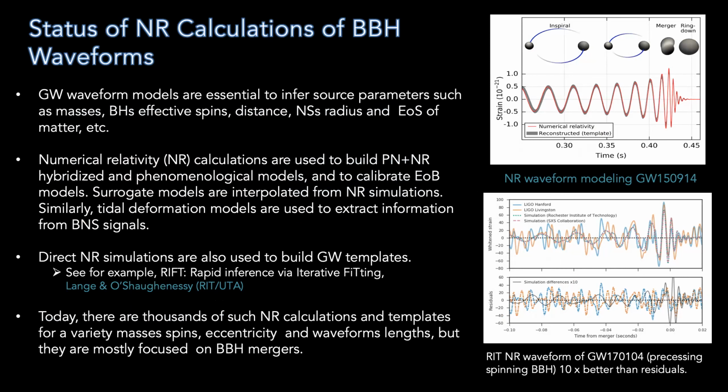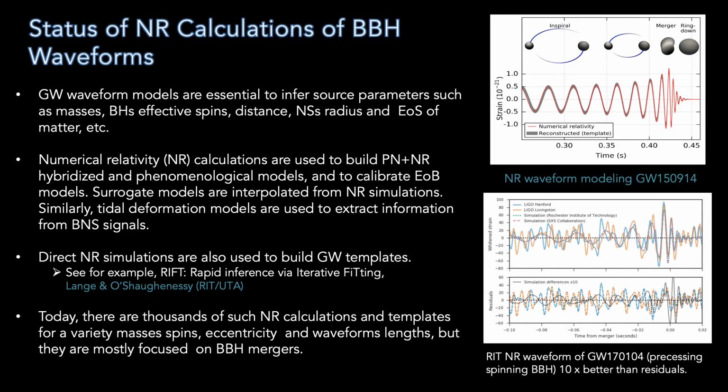Now, numerical relativity has been used to calculate waveform models because waveforms are essential to inform the source parameters: the masses, black hole effective spins, distance, or the neutron star radius if we're talking about binary neutron stars, and the equation of state.